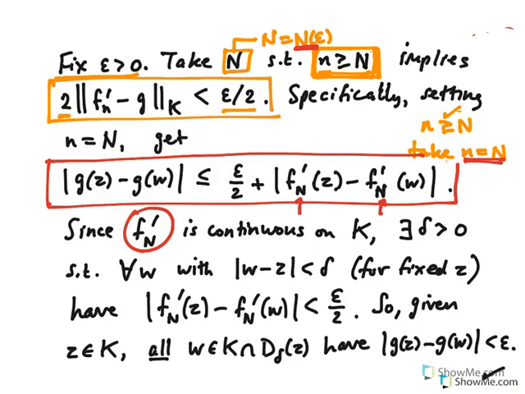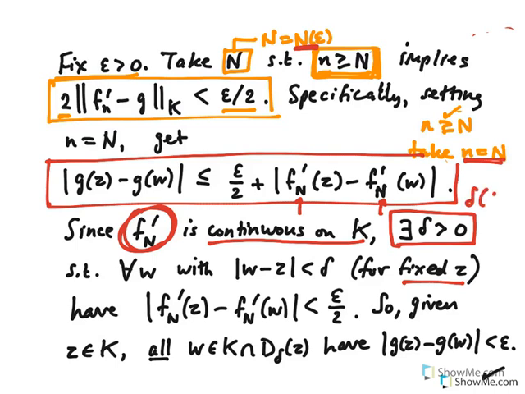Now, with that subscript being some fixed specific positive integer, this function here is known to be continuous on k, which means that given epsilon, I can find a corresponding positive delta, such that if I fix a z, the delta therefore depends on z as well as epsilon.